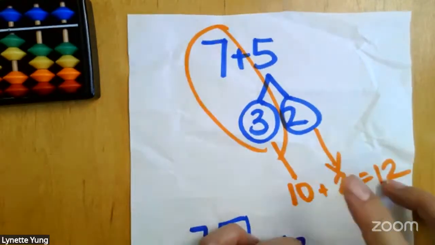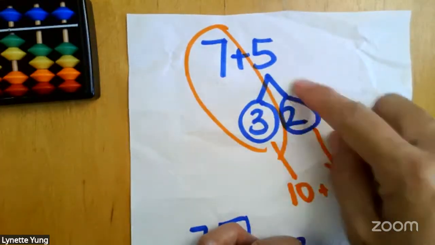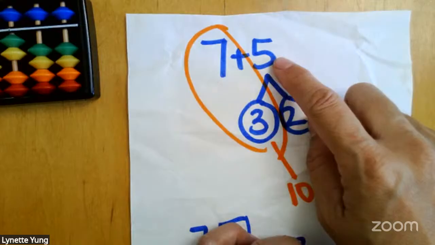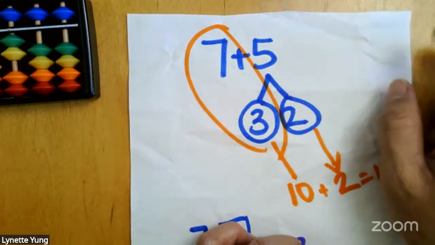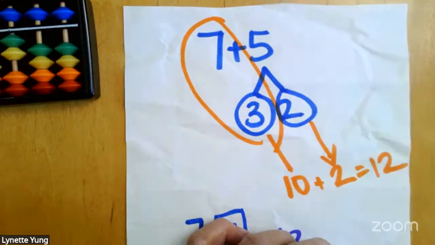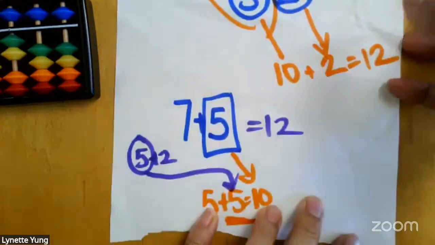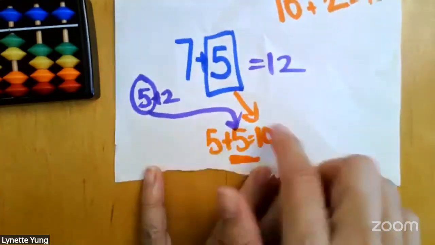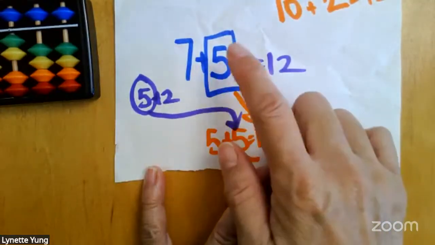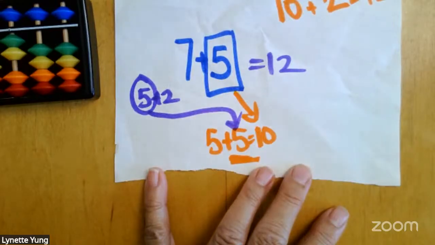So I was talking about how mainstream math is starting to do decomposing, and they decompose the first number. This is one of the new ways of doing math. I was just showing how we do it on the abacus, where we always do the second number, always make that a 10.